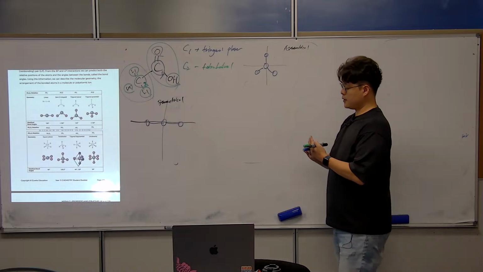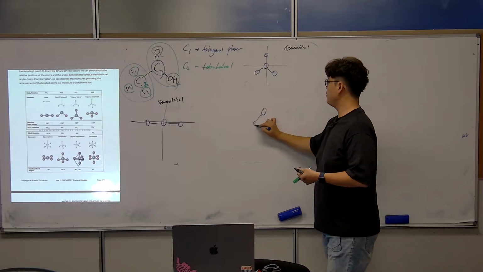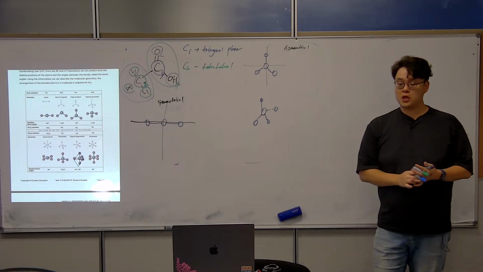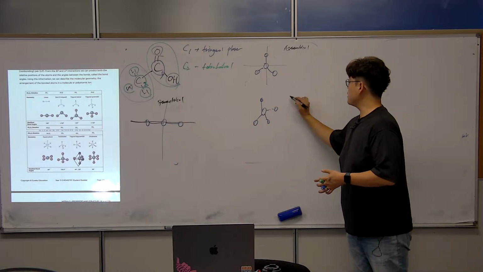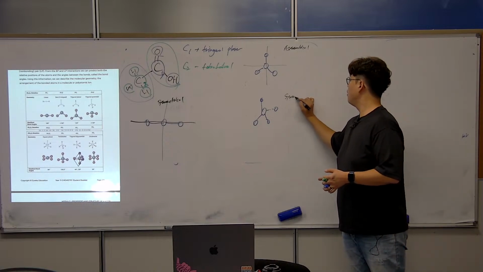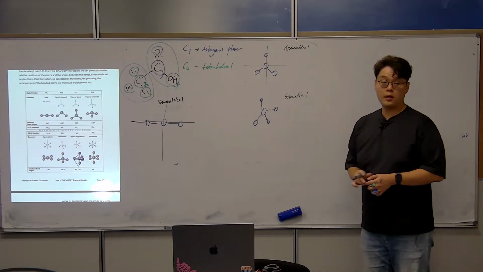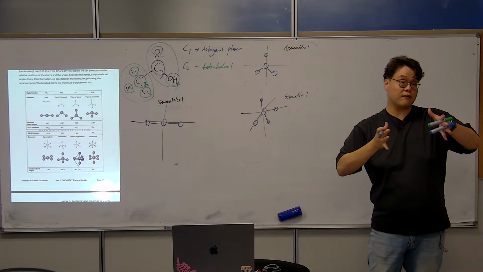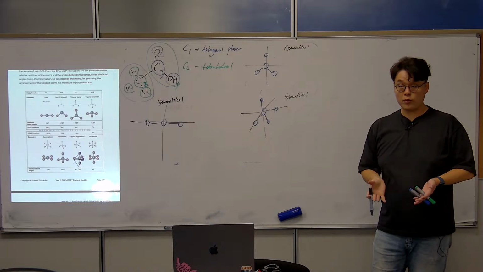Then what about the tetrahedral shape? Tetrahedral is known as the typical symmetrical shape. Even if we cut this side and that side, because it is evenly distributed, it will be a symmetrical shape.